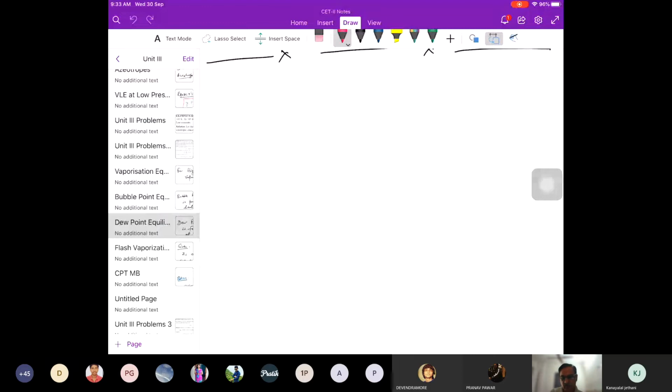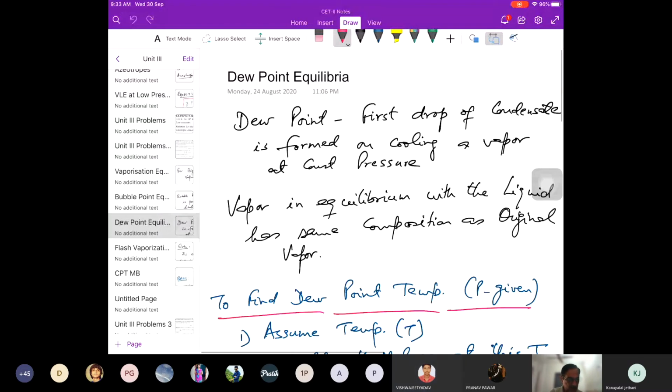First condensation drop from... क्या बोले? First drop of condensate form. Yes. So if I take a vapor and cool it, right?